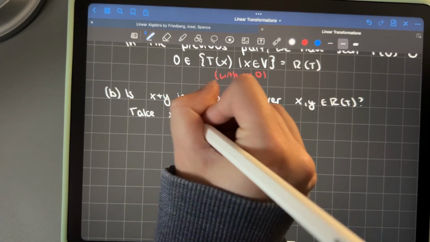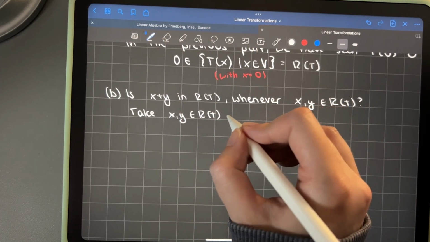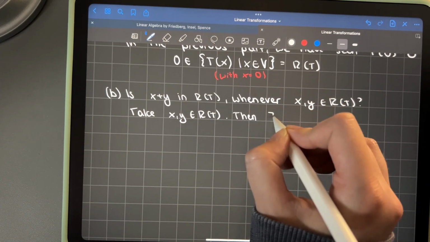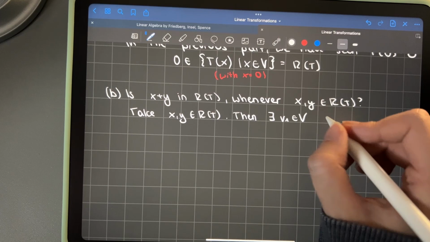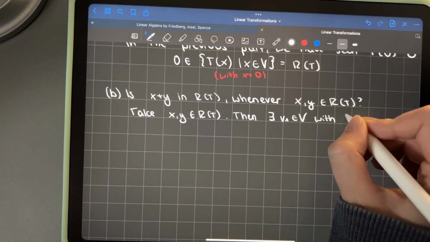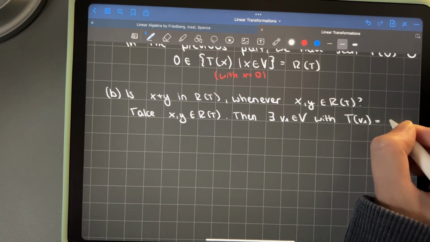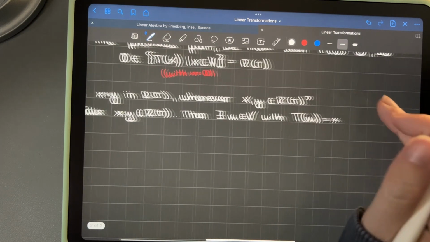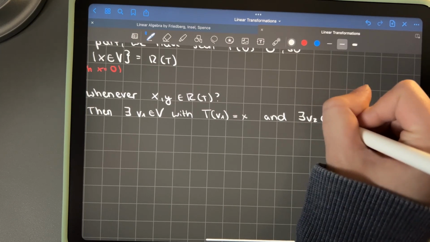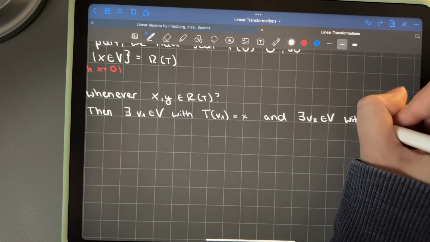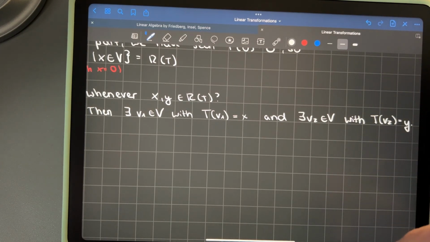Take x and y from the image. Then there exists a vector v1 in V where T maps from this vector to x, and same for y. There exists a vector v2 with T of v2 equal y.